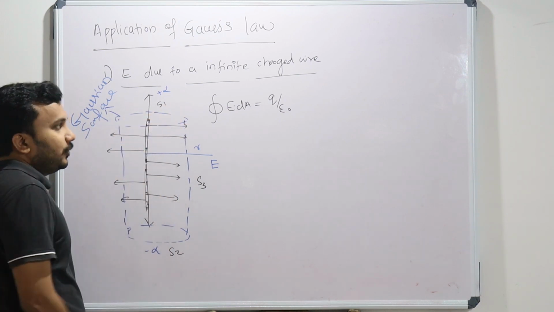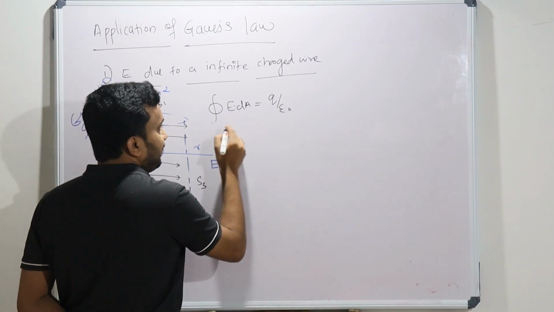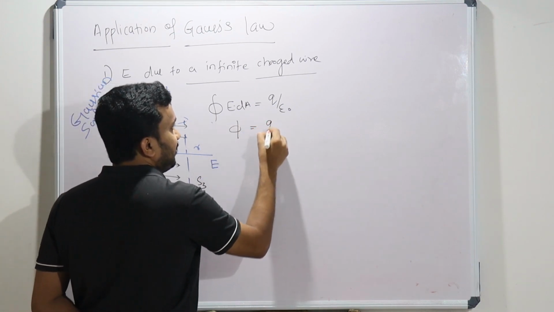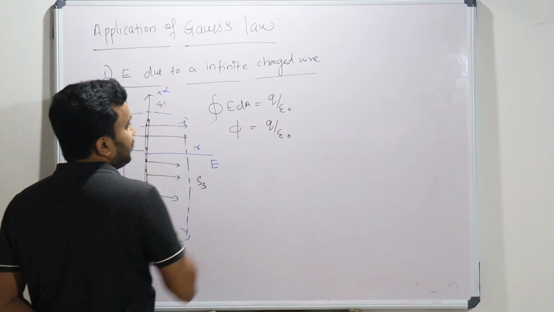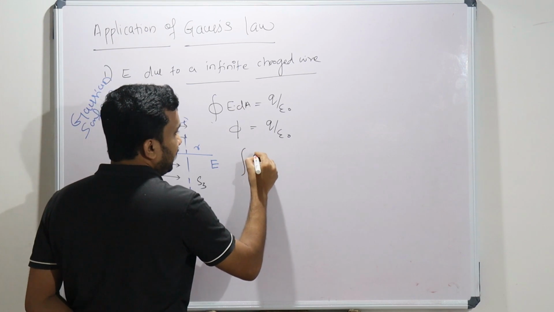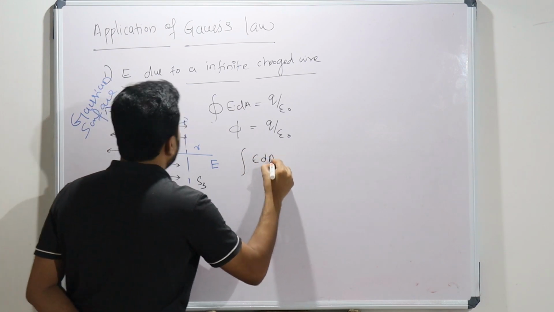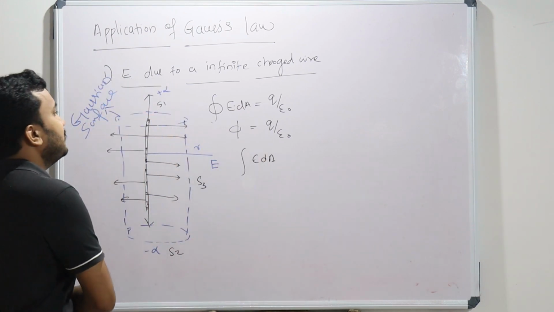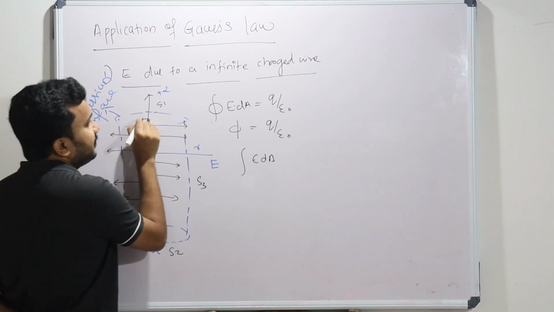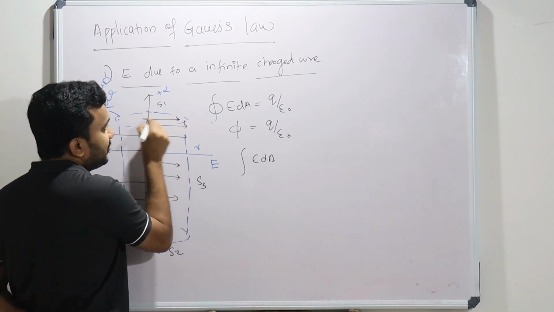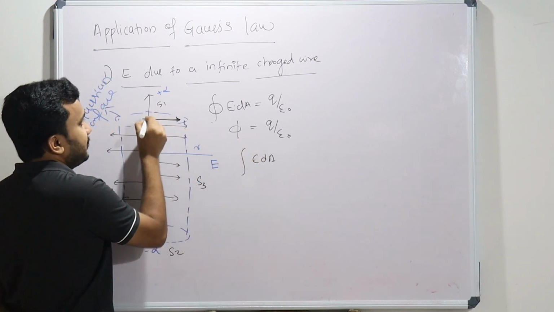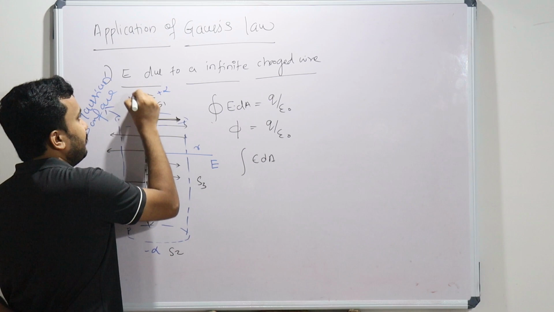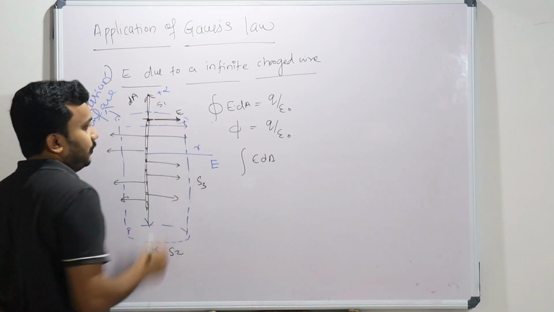This is a plate, and we call this the flux. Flux will be equal to Q by epsilon 0. There are different surfaces here. For surface S2, E dA: the electric field is going like this, the area vector dA is this, and this is the electric field vector.